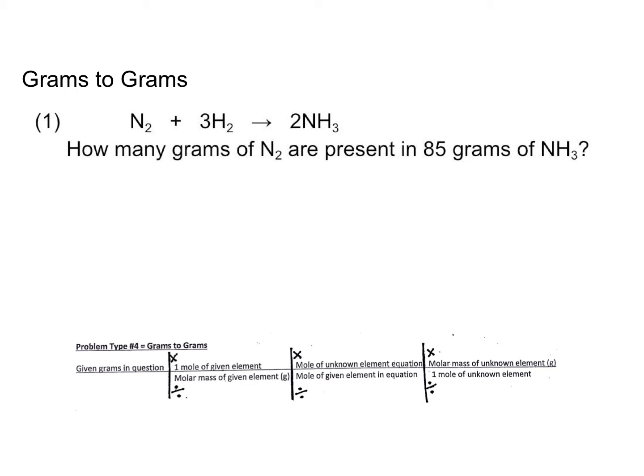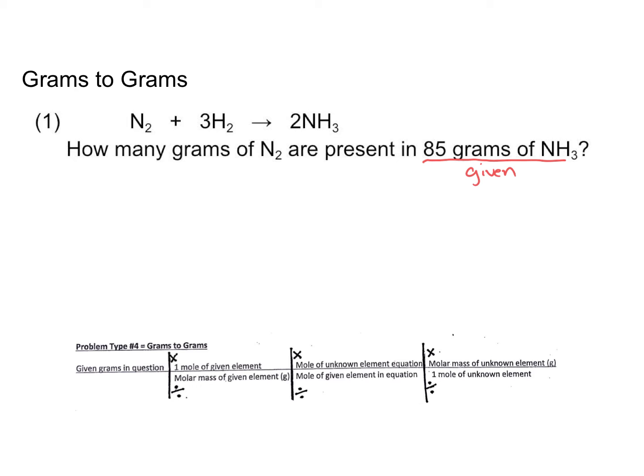And just like I said in the last video, the very first thing you should do when you get these problems is to underline what you got and what you're looking for. So it says, how many grams of nitrogen gas are present in 85 grams of NH3. First I'm going to underline my given, which is 85 grams of NH3. I know it's my given because I gave you a number in the problem.